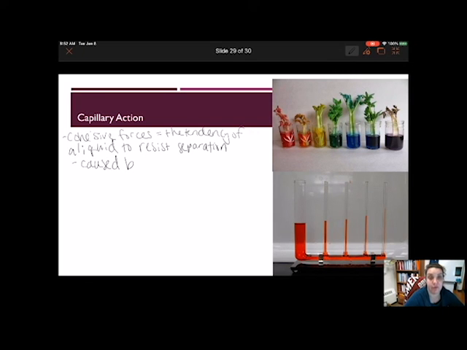So our cohesive forces are caused by intermolecular forces binding similar molecules together. And the greater your intermolecular forces, the greater the cohesive forces.